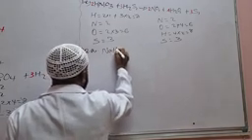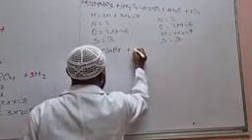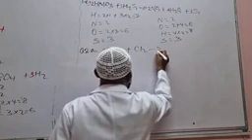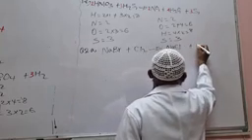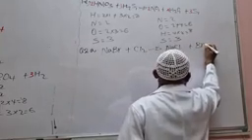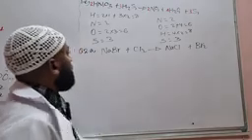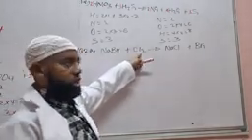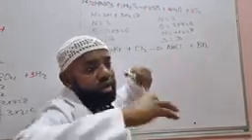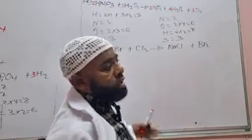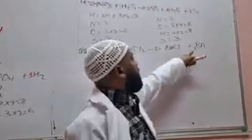Sodium bromide plus chlorine gives sodium chloride plus bromine. Chlorine is a diatomic molecular element, and bromine is also a diatomic molecular element. If they are alone, if they are not in a compound, they will be found as Cl2 and Br2.